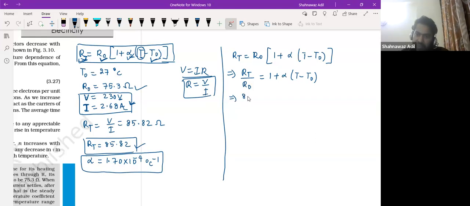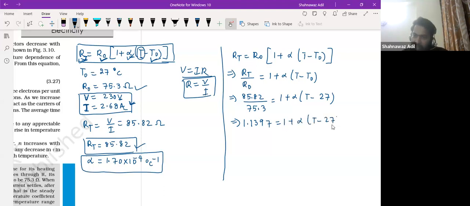This is 85.82 divided by 75.3 equals 1 plus alpha (T minus 27). This is how much? 85.8 divided by 75.3. This is 1.1397 and equals 1 plus alpha (T minus 27).